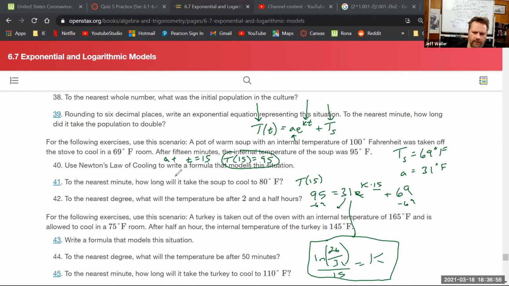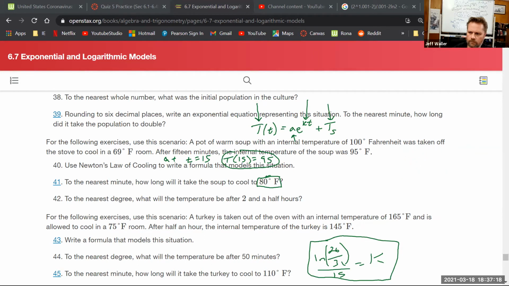How long will it take the soup to cool to 80 degrees? What would I do for that? Let me write down the formula we have now.